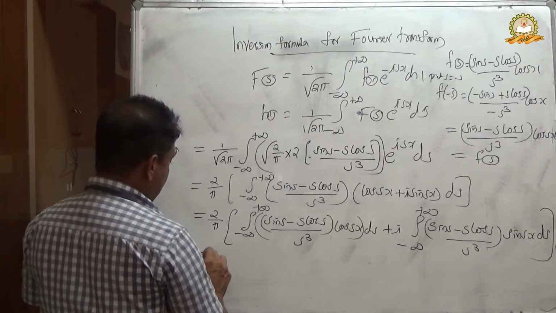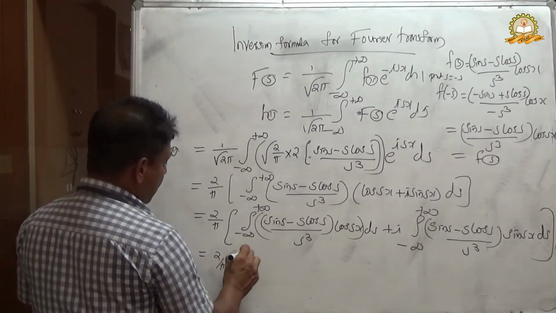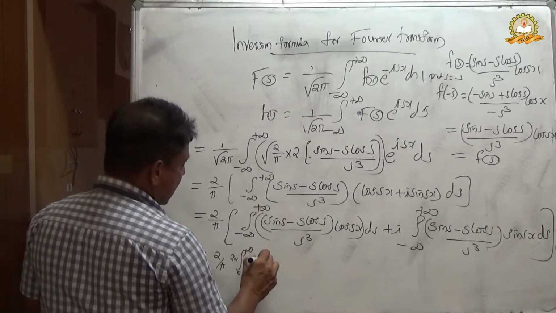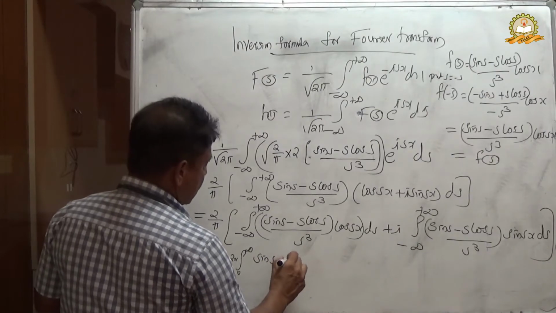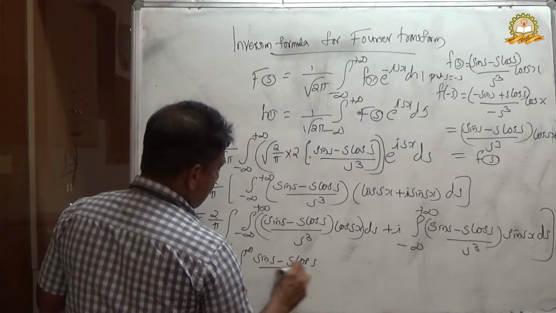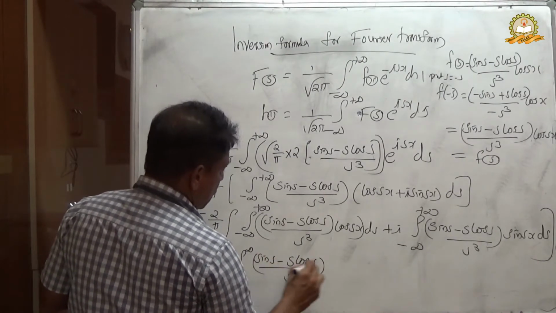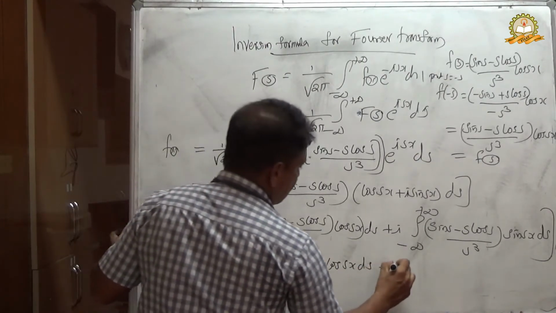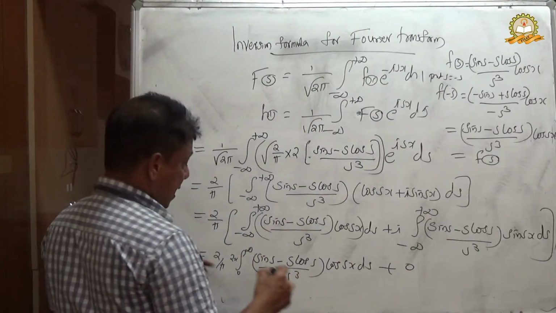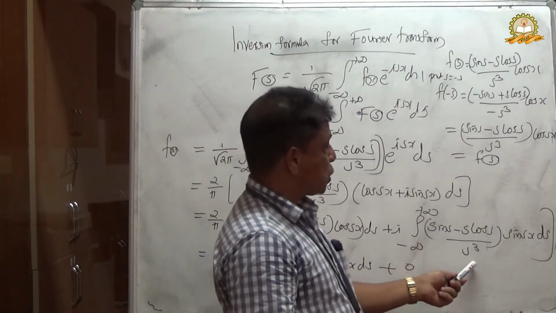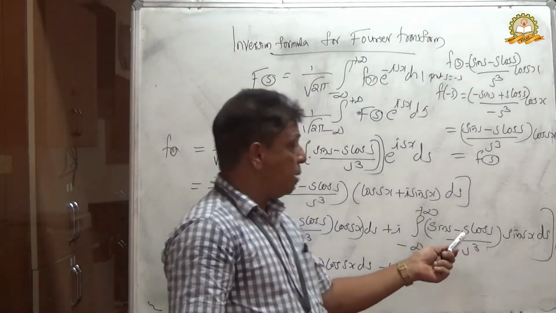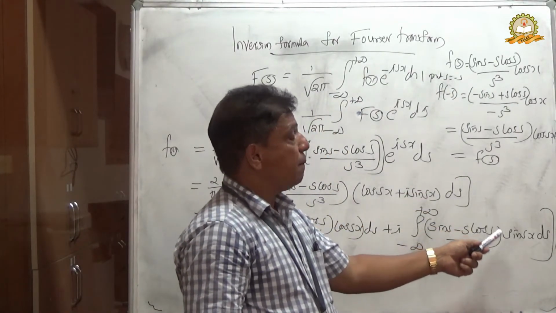Therefore, this can be written as 2 by pi integral, 2 times 0 to infinity, sin s minus s cos s by s cube into cos sx ds. The second term will be 0. The reason is sin s minus s cos s by s cube into sin sx, when we take it as f of s and put s equal to minus s, this will be minus f of s.